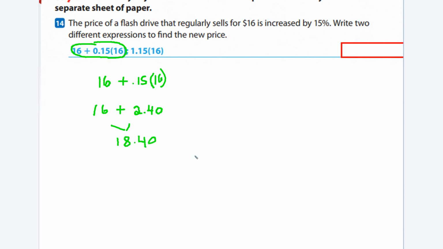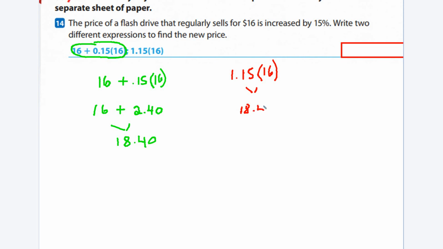when increased by 15%. The second way they wrote it, let me use a different color, is 1.15 times 16. And let me explain to you why. When you do 1.15 times 16, you can do it on your calculator. It would say $18.40 as well.